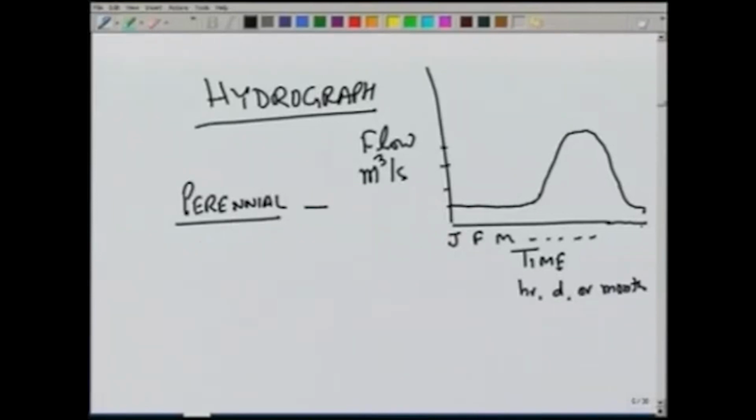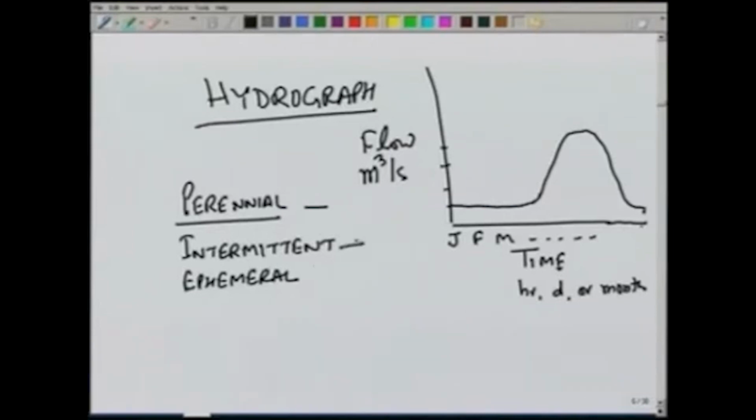But the other kinds of streams, intermittent and ephemeral, may not have flow during some part of the year.